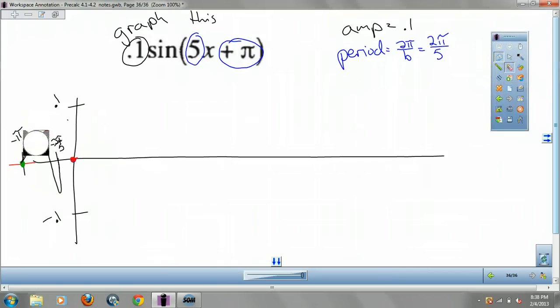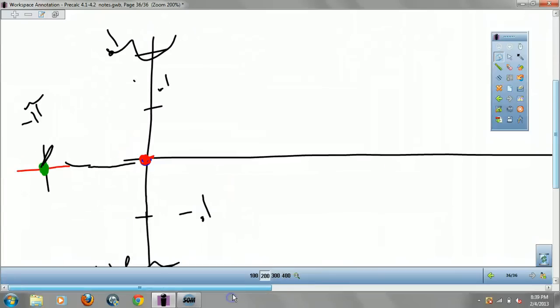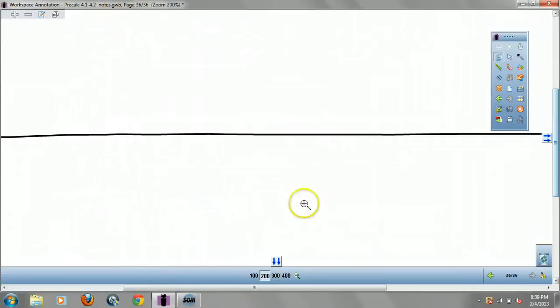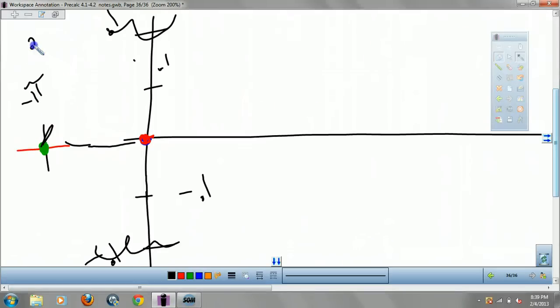In fact, I'm going to redraw this so it makes more sense. I'm going to zoom in on this. 0.1 and negative 0.1. Oops. So again, my period is 2 pi over 5, which means I repeat every 2 pi over 5.